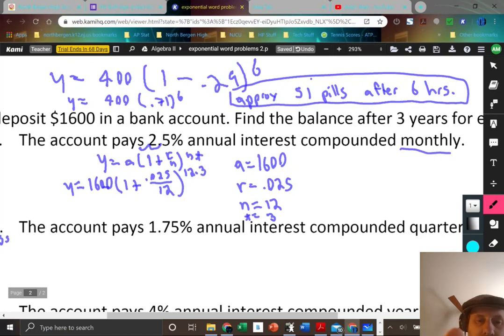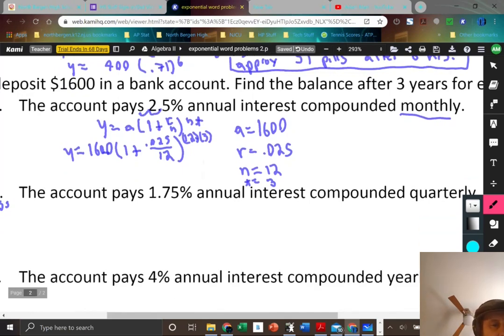That looks like 12.3, but it's actually 12 times 3, so let me put that in parentheses. So what is that? That's going to be 1,600 times 1 plus 0.025 over 12, to the 12 times 3, which is 36, power.